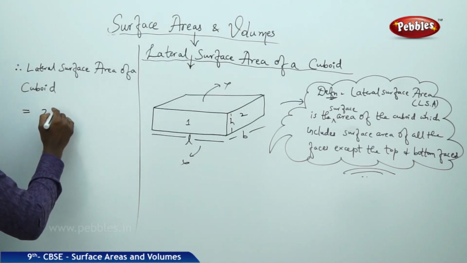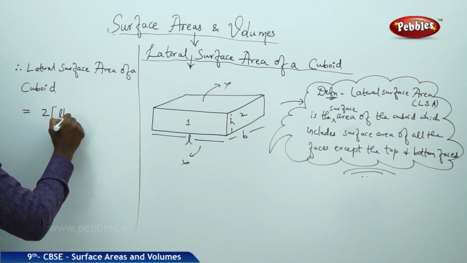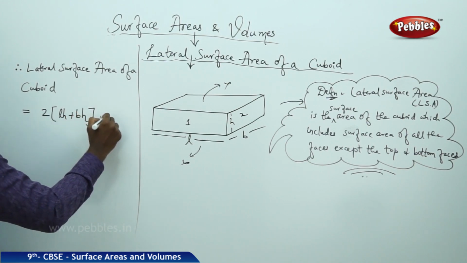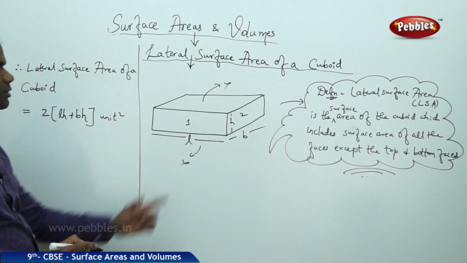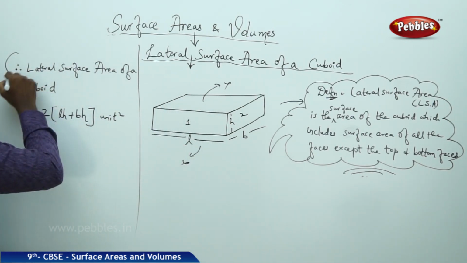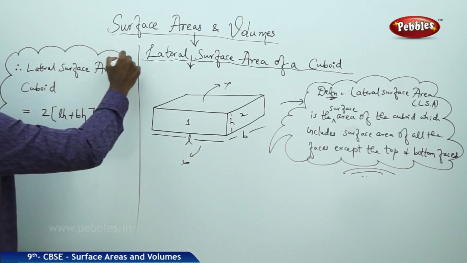Therefore, I have only 2 times (LH plus BH). I do not include the top and bottom, which is LB, so it has only LH plus BH.